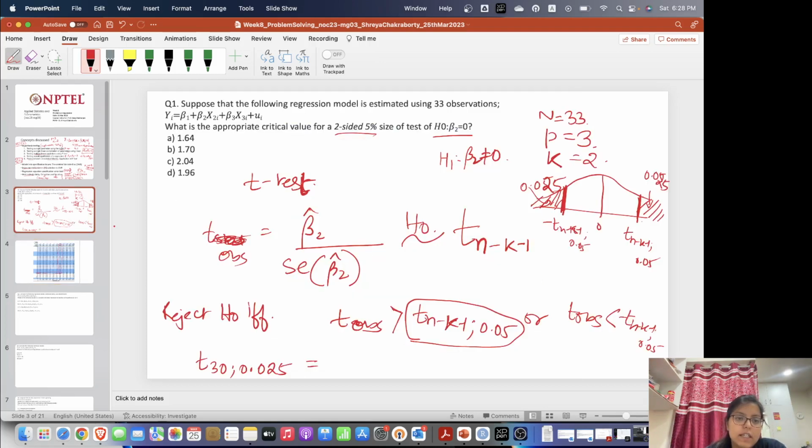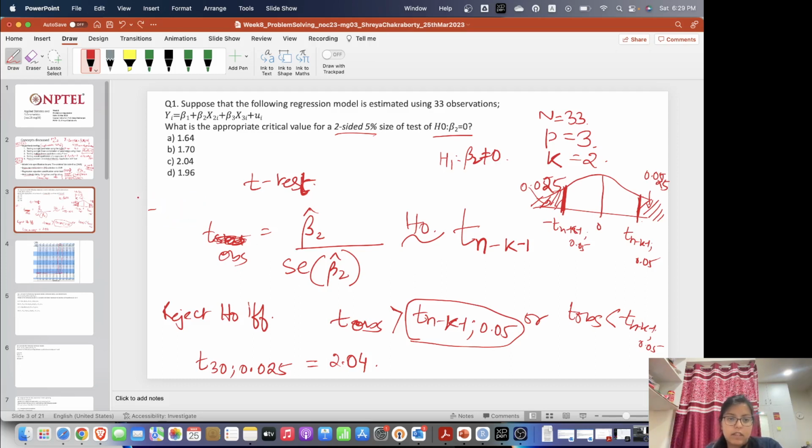So then the critical value is this one, 2.04. And the other critical value, which is not listed, if minus 2.04 was there, that was also a critical value.